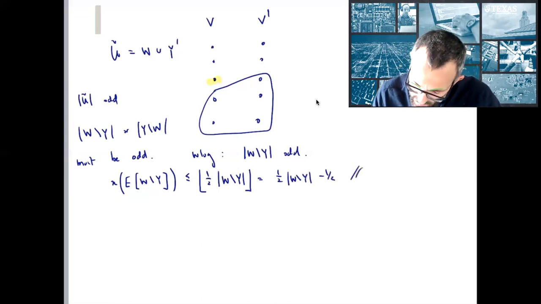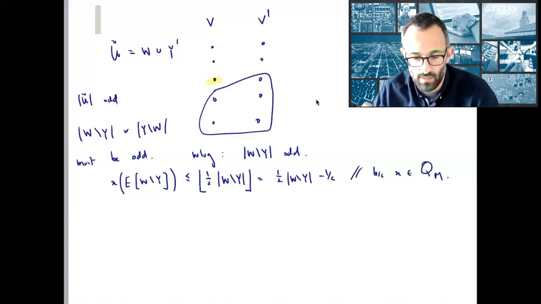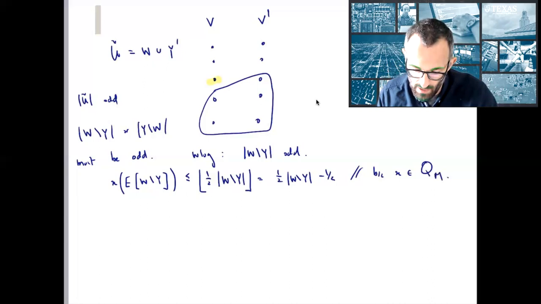And why is this? Just as a reminder, this is because x is an element of QM. And this is just a constraint that QM has to satisfy.